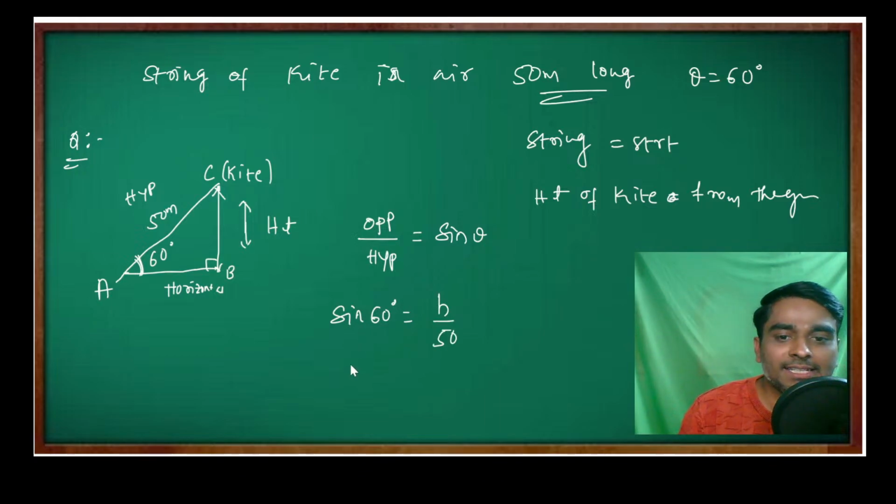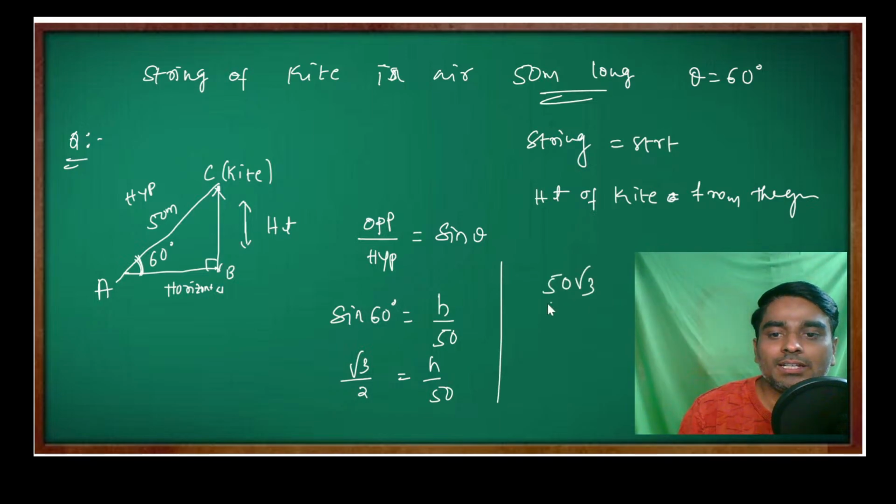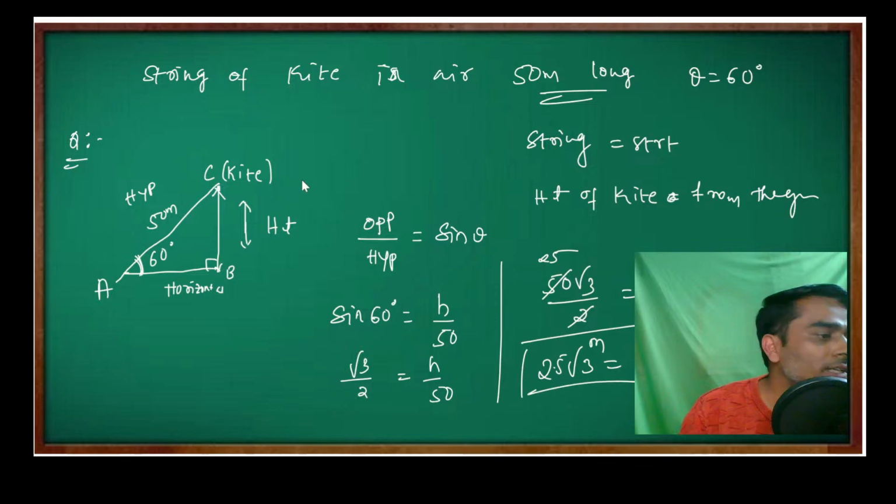What is sine 60? Root 3 by 2. So root 3 by 2 equals H by 50. Can I just transfer? 50 root 3 divided by 2 equal to H. 2 ones are 2, 2 twenty-fives are 50. So 25 root 3 meter is your height.